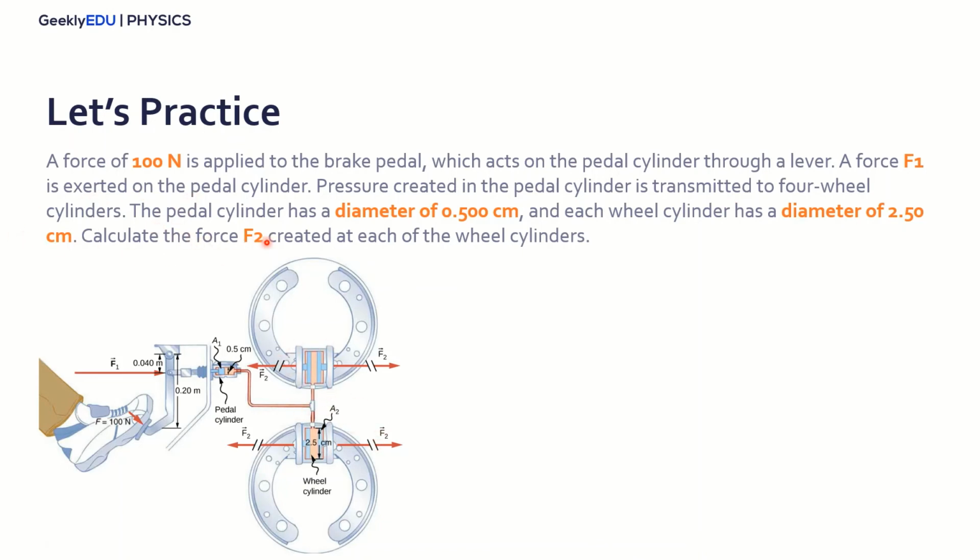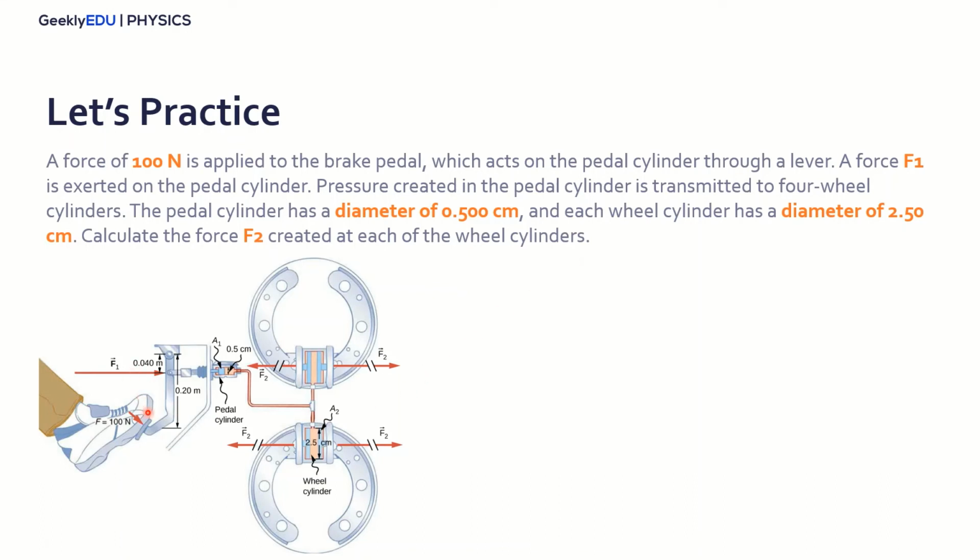So the pedal cylinder has a diameter of 0.5 centimeters, and each wheel cylinder has a diameter of 2.5 centimeters. We want to calculate the force F2 created at each of the wheel cylinders.